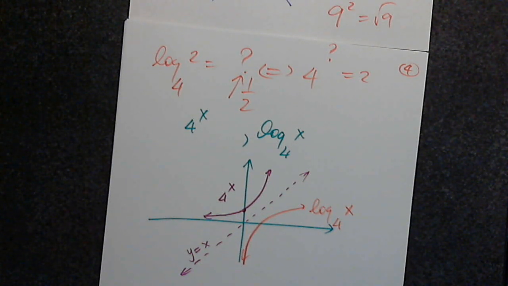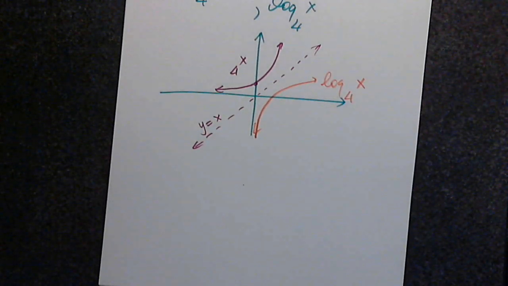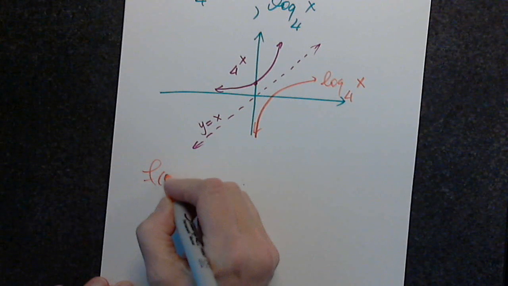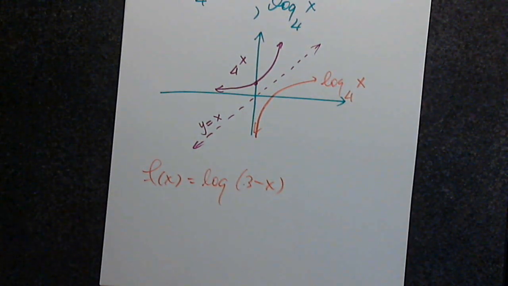Okay. Find the domain. So we're given a log function, f of x equals log of 3 minus x. How do I find the domain of this function? So what do I write? I have to write something and solve it. I cannot just come up with the answer.